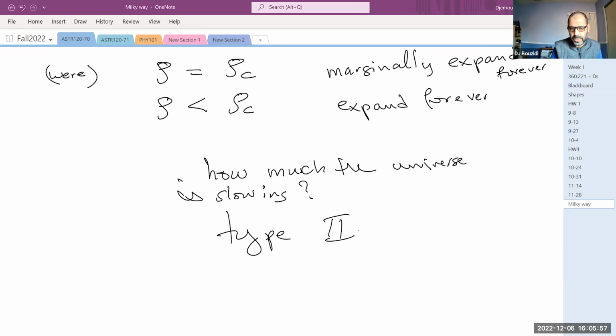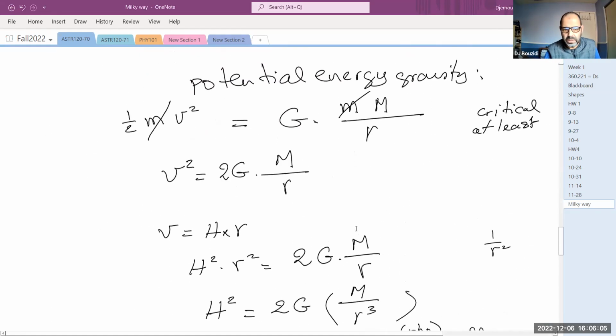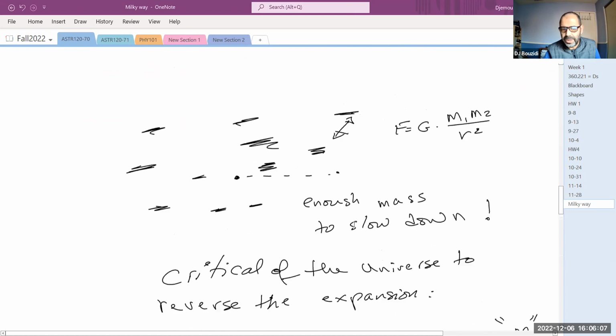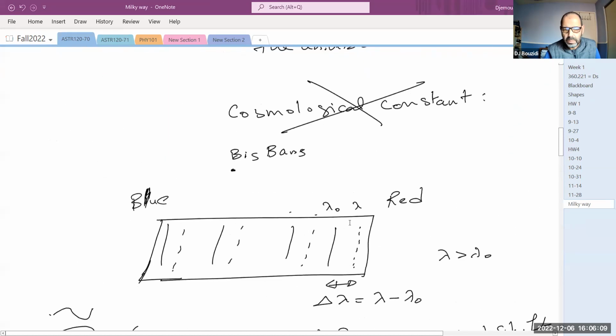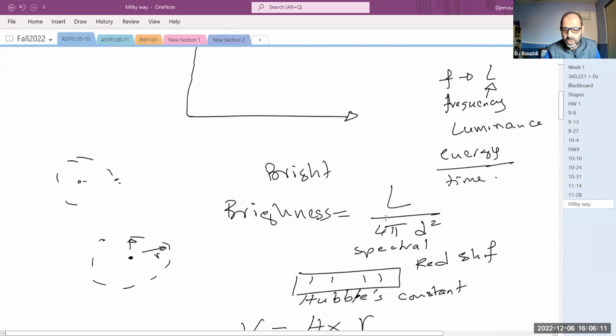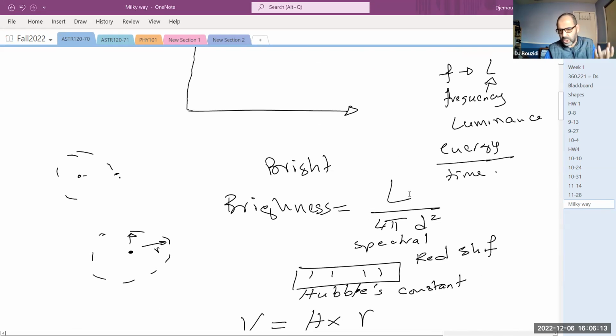Now, if we know how luminous these things are, and if we can measure their brightness, then again, we go back to the same formula that I mentioned in the beginning for the Cepheids. It's the same technique, trying to find how far that thing is. If you know how luminous those type 2 supernovae are, not the Cepheids, and if you can measure how bright they are, then you can determine how far they are.